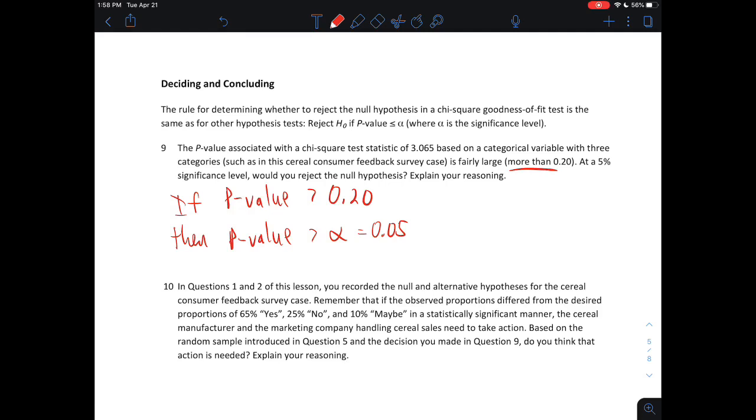Whenever we have the p-value being greater than alpha, that tells us to fail to reject the null hypothesis. So, no, we would not reject the null hypothesis. We would fail to reject the null hypothesis.